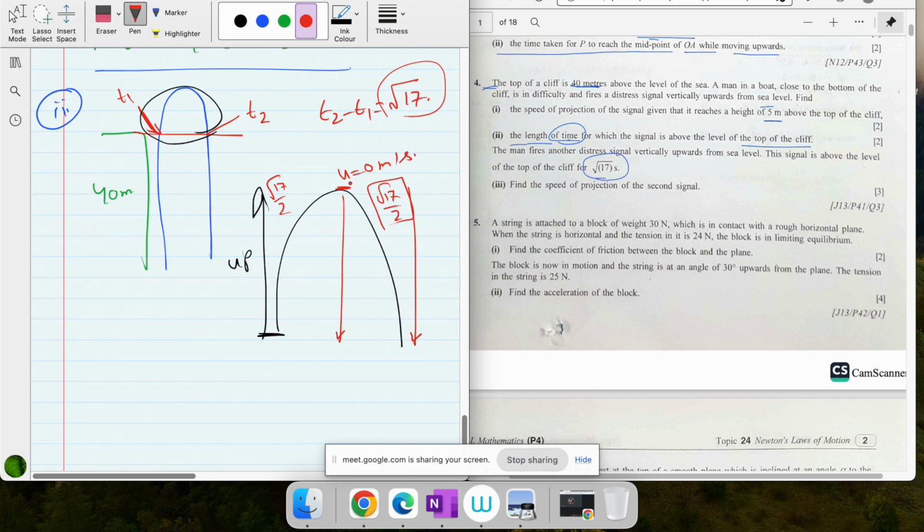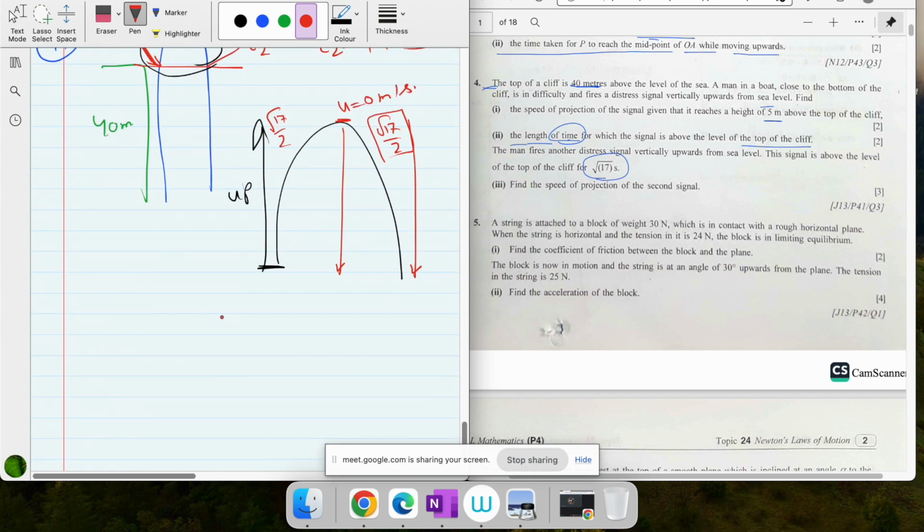So I know the speed, I know the gravity, so I can find the displacement. That is the height above the cliff. So s is equal to ut plus half at squared. If I use this, displacement is unknown, initial velocity is 0, we know the time, square root 17 by 2, plus half.